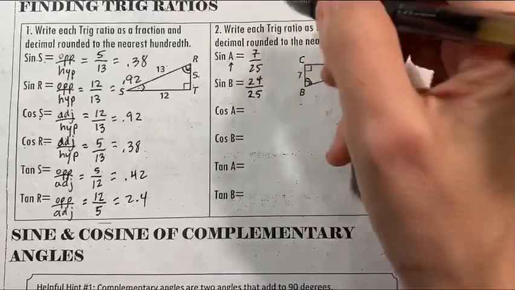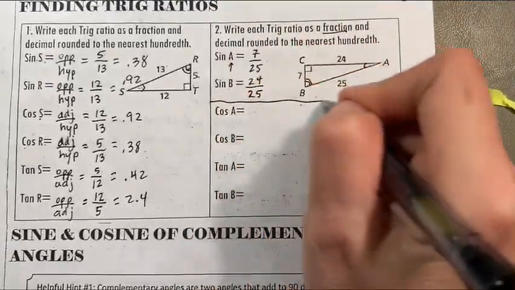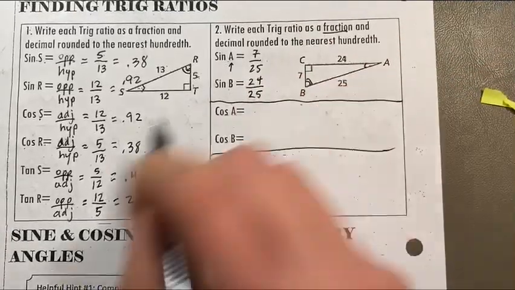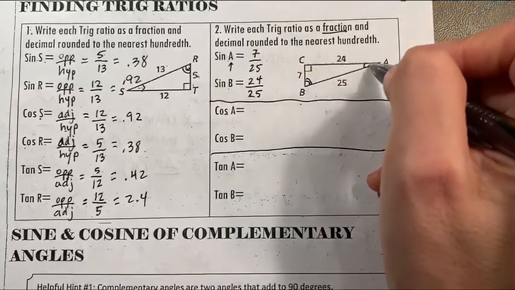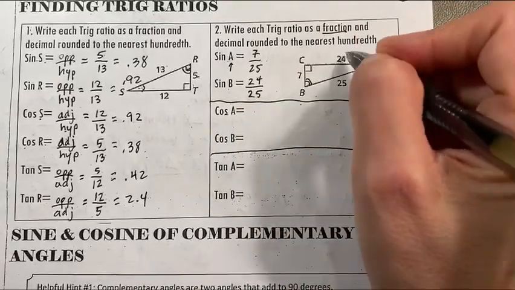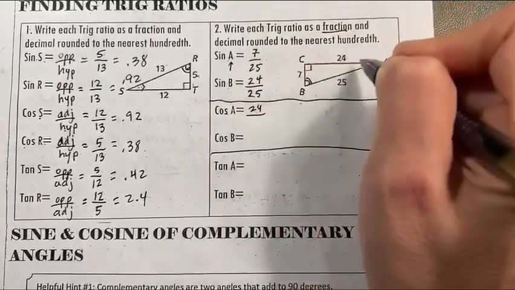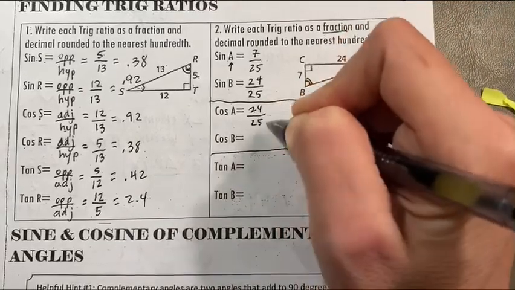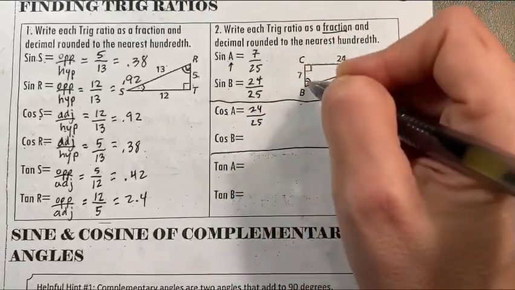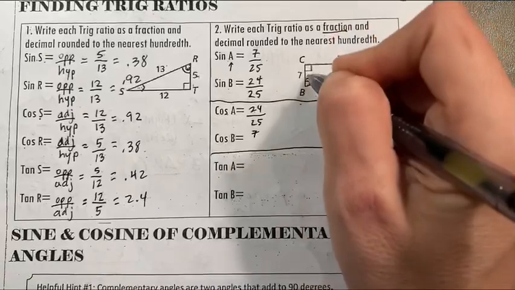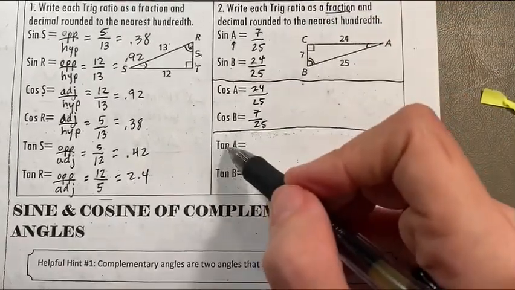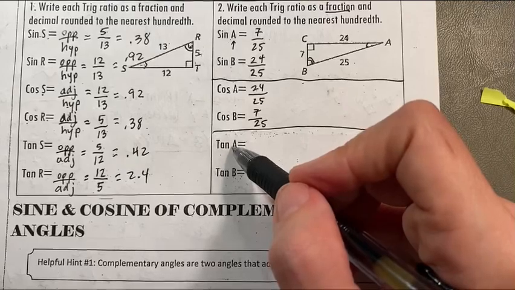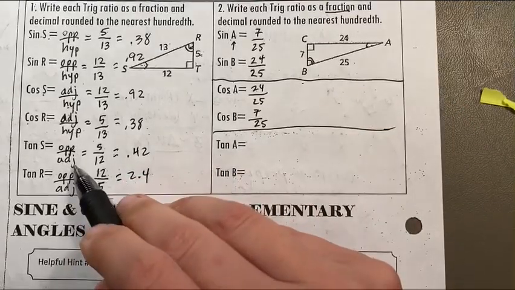Now, what happens if they change this trig function to cosine? Cosine is adjacent over hypotenuse. So cosine of angle A is adjacent, 24, over hypotenuse, still 25. If they switch to angle B, adjacent is 7, hypotenuse 25. For the third function, tangent is opposite over adjacent.